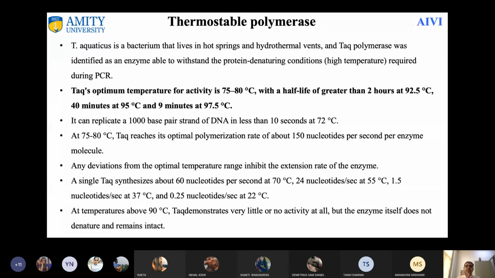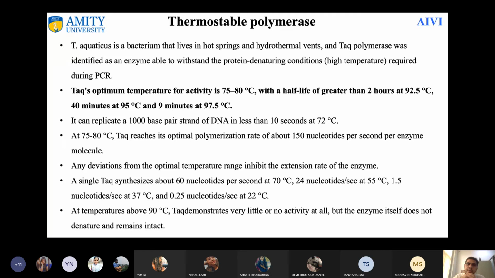So now the next important thing is the utility of these DNA polymerases. As you mentioned, we are utilizing these DNA polymerases in PCR, the polymerase chain reaction, and the polymerase chain reaction requires a high temperature.